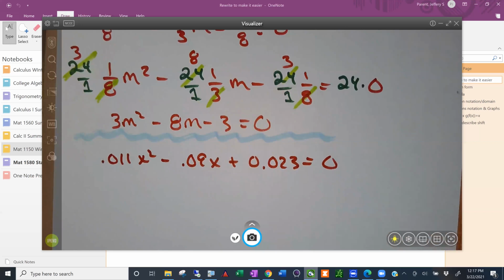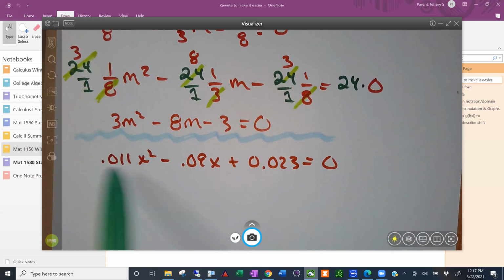Kind of similar to the previous two problems in as much as you want to get rid of the decimals this time. We don't have fractions, we don't have numbers that are kind of big with common factors, we've got decimals. So if you look at it, I need to move this decimal 3 places to the right. And this one I only need 2, but this one I need 3 again.